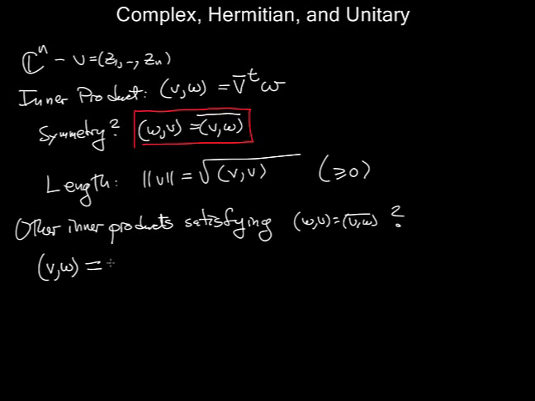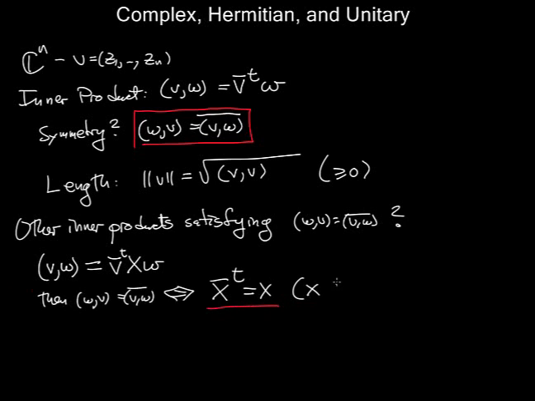Well, you define VW to be V transpose bar times XW, where you put this X now in between the V and the W. And the condition that WV is equal to VW bar is exactly that X transpose bar is equal to X. That is to say, that's the Hermitian condition. So that explains why this is a natural kind of matrix. It defines an alternative inner product on a complex vector space.